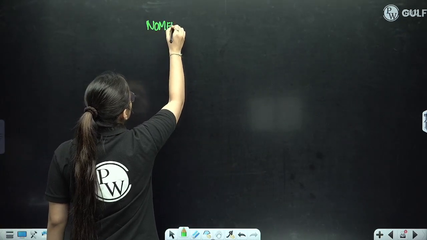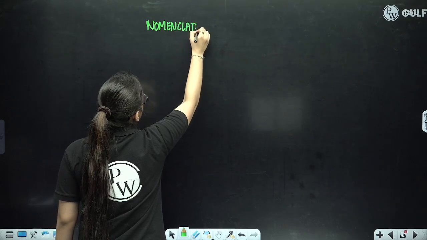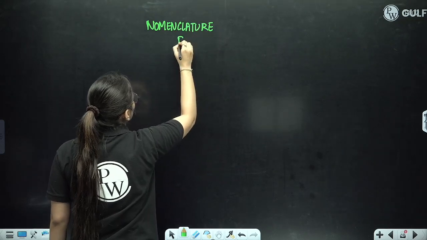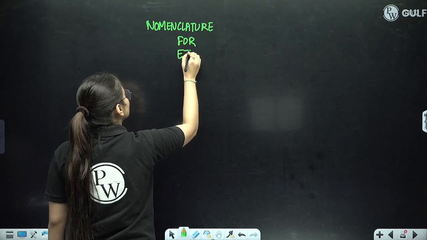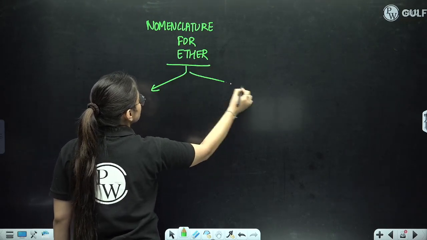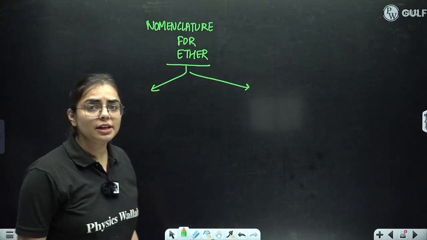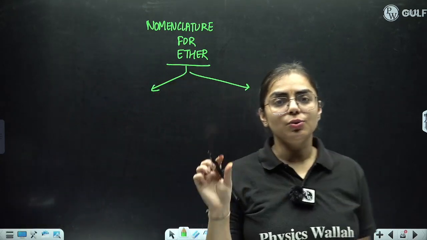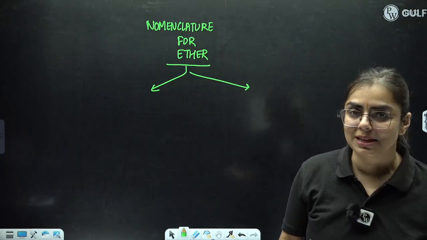The nomenclature for ether. Remember, if we are doing it for anything that contains a benzene ring, for that we have to directly use what? Instead of word root and primary suffix, we will be using directly benzene. Okay.